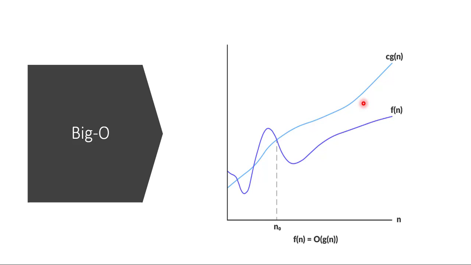We will talk about big O more in later videos, but in general, it tells us that a certain function will never exceed a specified time or space for any value of input n. So here you can see there's a function f(n) and there's an upper bound c g(n). So f(n) is never going to exceed this c g(n) at any specified value of input n.